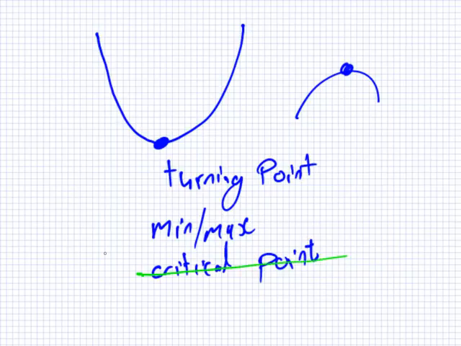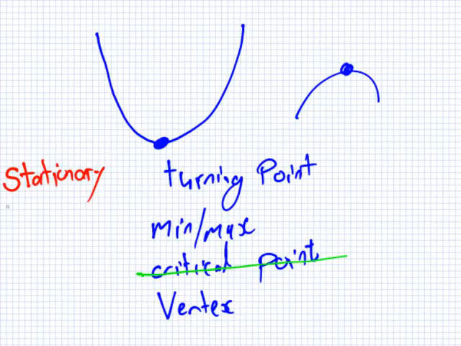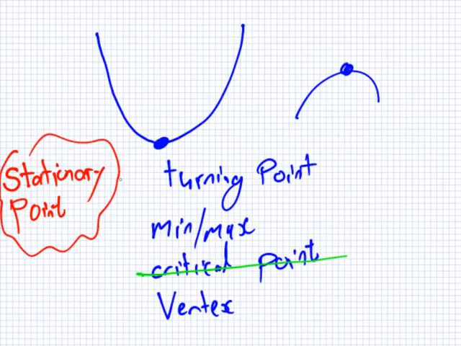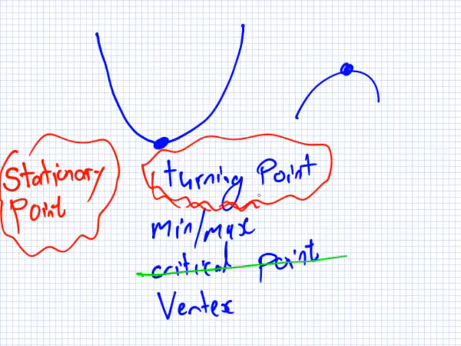One that begins with a V? Vertex. And one new word, maybe this one is new, it begins with an S. Stationary point. So the two common names for them would be stationary point or turning point.